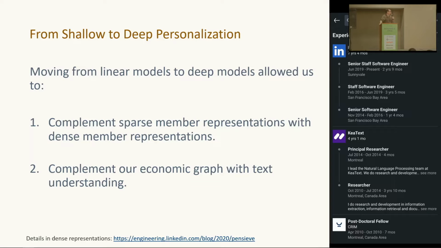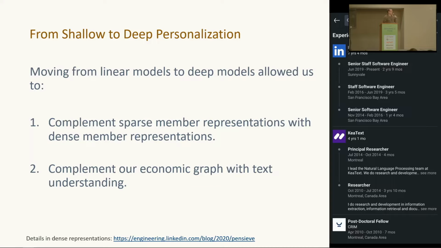So for small companies, you can have titles that weigh more in seniority, moving to titles that weigh less in seniority at a bigger company, but the inverse is not happening as often. So just having deep learning automatically inferring the interaction between all of our sparse features that we know for our economic graph gave us some good wins along the way.